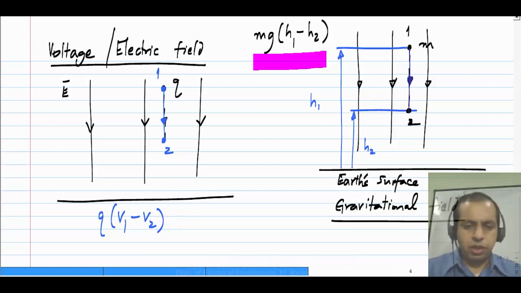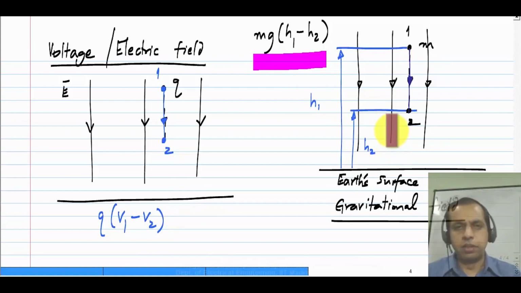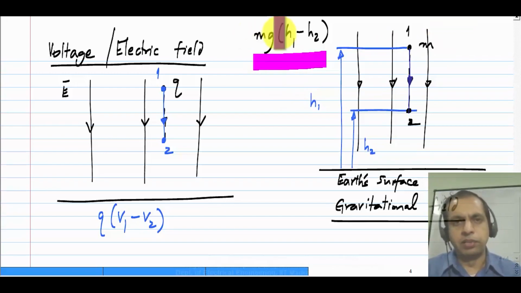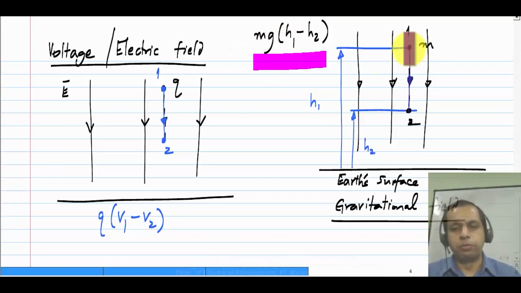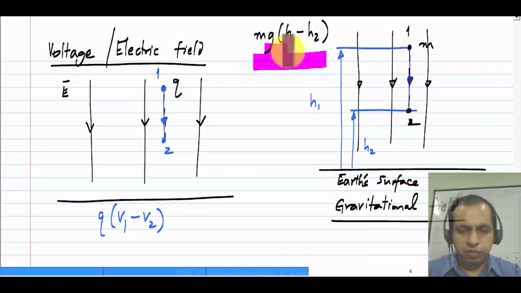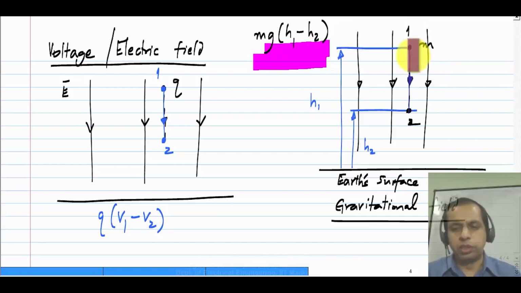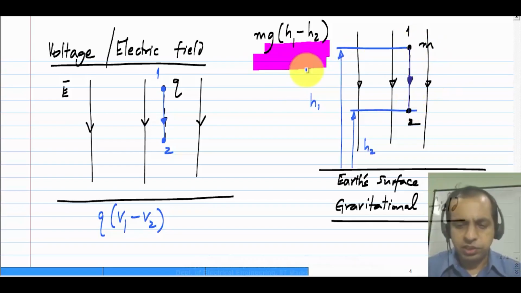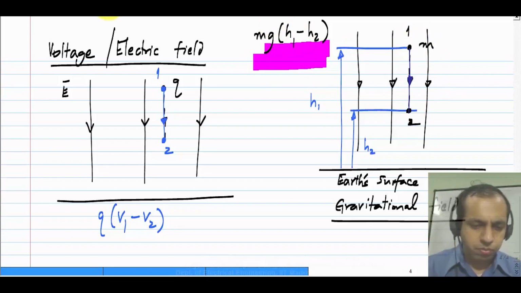So now, instead of dealing with the gravitational field directly, what can be done is to deal with the gravitational potentials. Now you know that the energy gained is proportional to the mass itself, and mass is the property of the object that is placed in the field. Okay. Whereas this part of it, g times (h1 - h2), that's a property of the field itself. So that is termed to be this g times (h1 - h2).